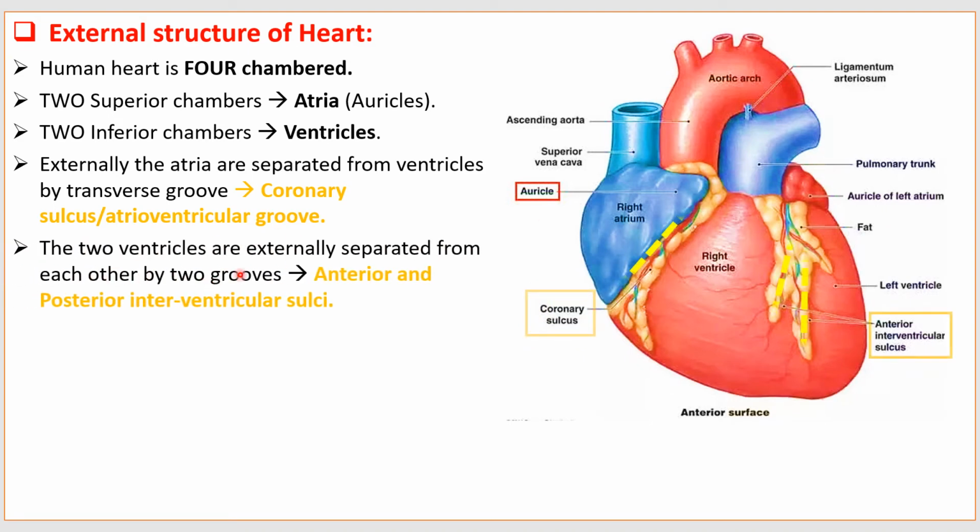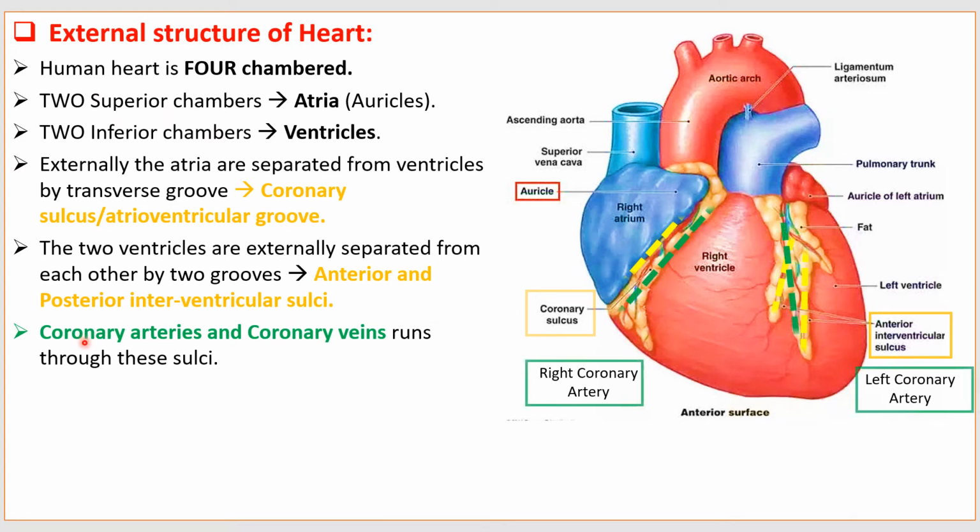The two ventricles are externally separated from each other by two grooves. Look here, these two grooves are the anterior and posterior interventricular sulci. Coronary arteries and coronary veins run through these sulci.